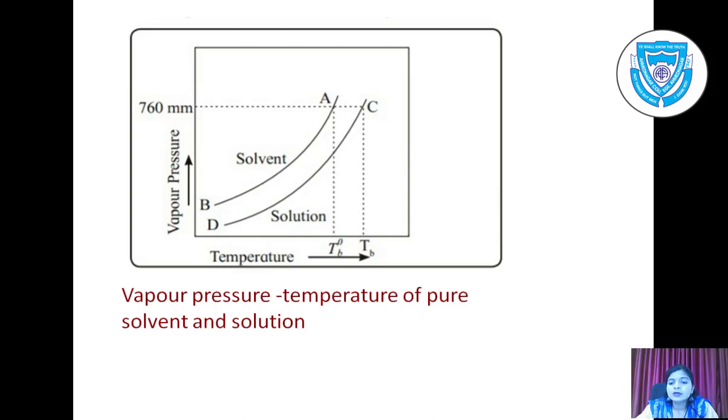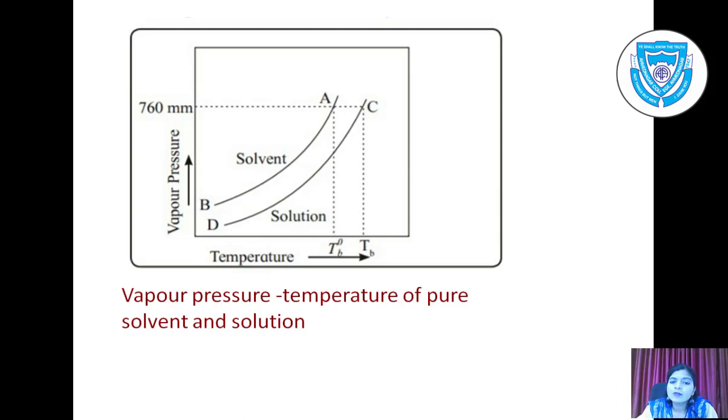Fine. Boiling point of the solution. The intersection of curve CD with the line corresponding to 670 mm Hg is the boiling point of the solution. Similarly, the intersection of curve AB is the boiling point of pure solvent. So it is clear from this figure that the boiling point TB of the solution is higher than that of T naught B.